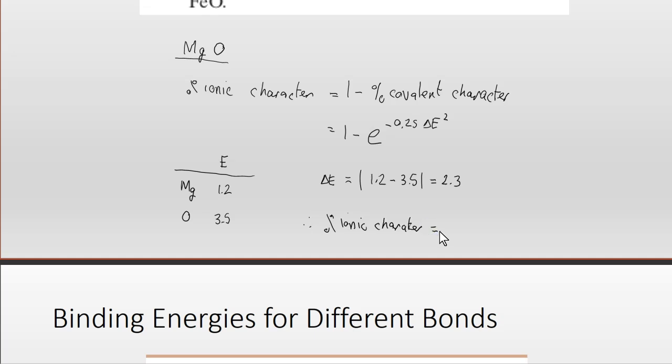is 1 minus e to the minus 0.25 times 2.3 squared.